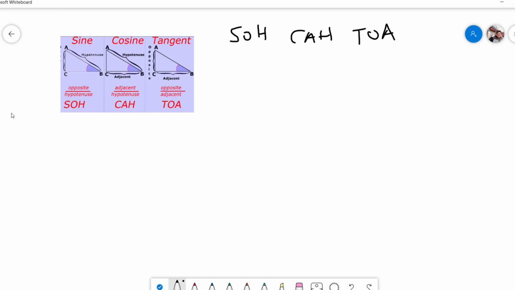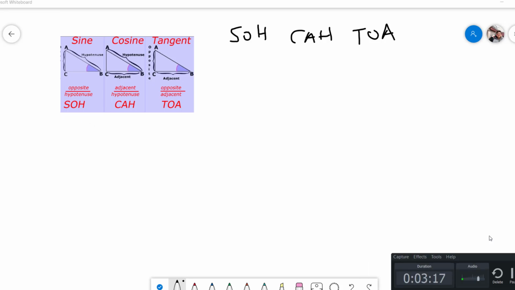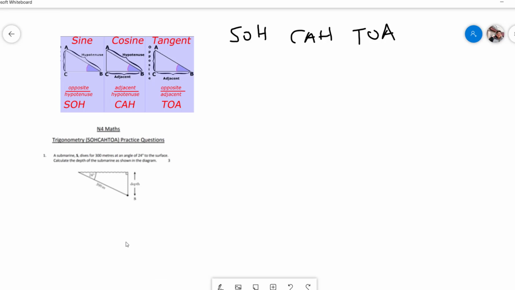Now we'll get into some examples of how to use them in an exam style question. Over here we have an exam style question, question number one.